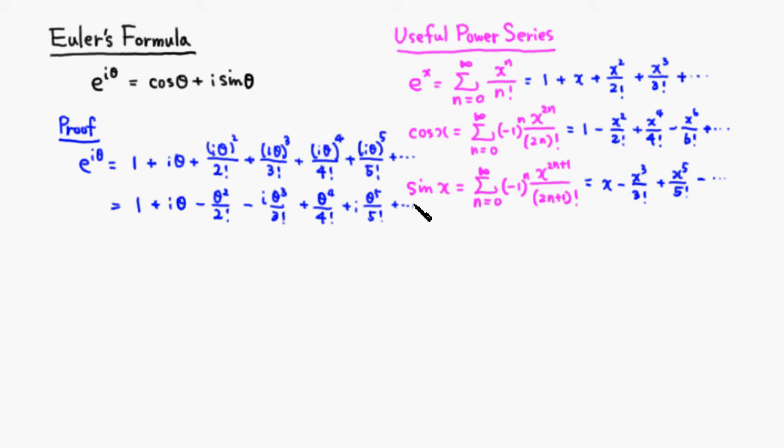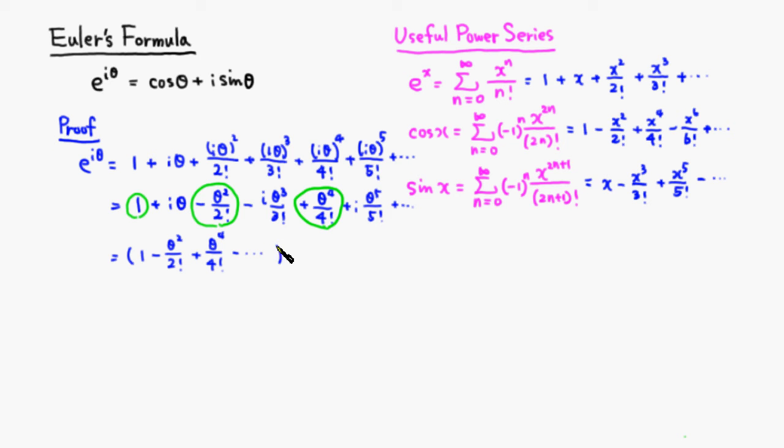And so on. Then you can see that if you pick out all the terms without i, we have these terms. This is the real part. So you have 1 minus theta squared over 2 factorial plus theta to the 4th over 4 factorial minus, and so on.